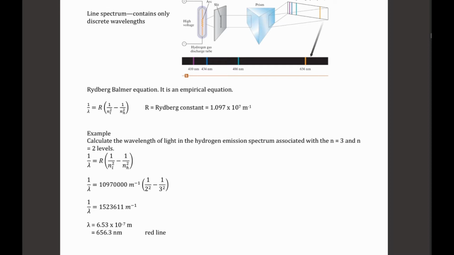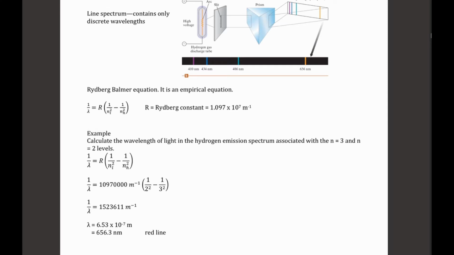We have 1 over lambda equals, we put the value of R in, and its unit, times 1 over 2 squared, because n equals 2 is the lower one, minus 1 over 3 squared, and we get then 1 over lambda to be 1523611 meters to the minus 1, which when we invert to solve just for lambda is 6.53 times 10 to the minus 7 meters, or if we convert that into nanometers, we get 656.3 nanometers.